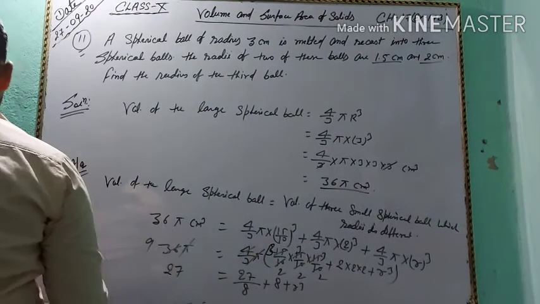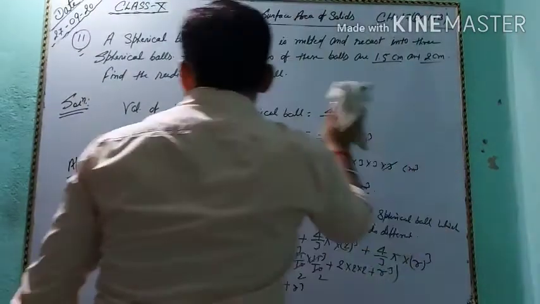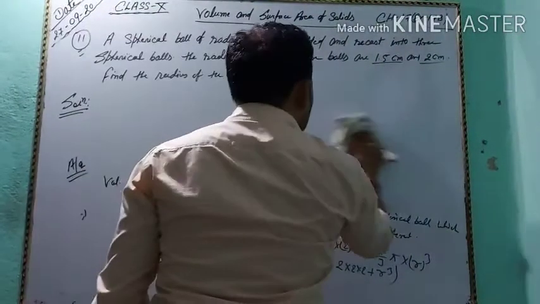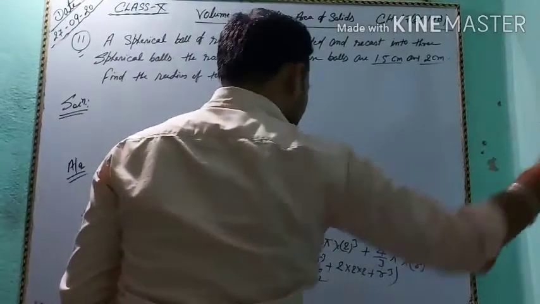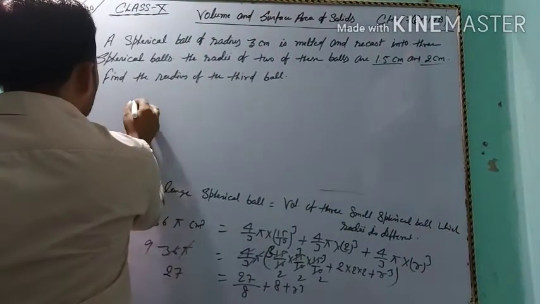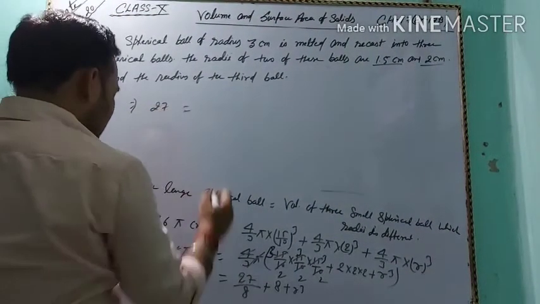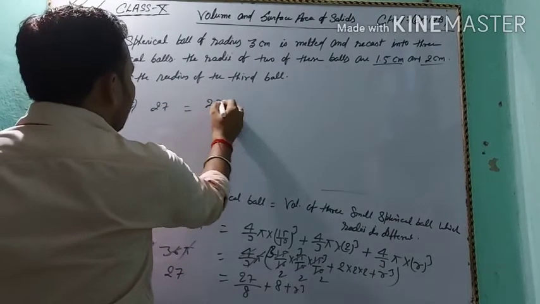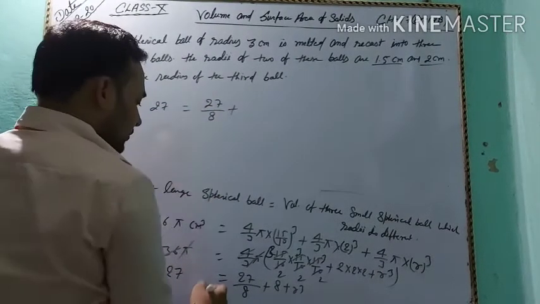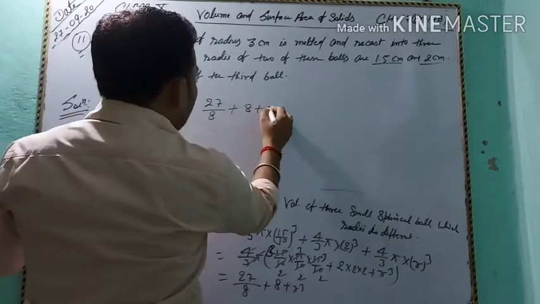Okay. So students, 27 is equal to 27 by 8 plus 8 plus r cube.